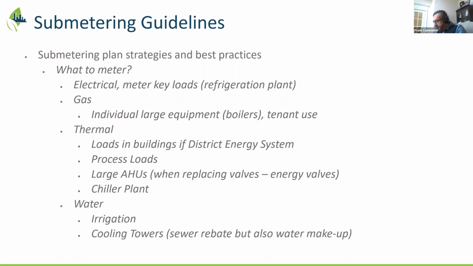On that note, we're going to talk a little more about some of the motivations for doing this from the perspective of clients and energy managers within the municipalities. And again, just some general guidelines, and we'll get into more of those in the next slide or two. Thermal loads, large air handling units, sometimes when it makes sense if they're big systems. Chiller plants, we think, are a really good idea, and water as well.